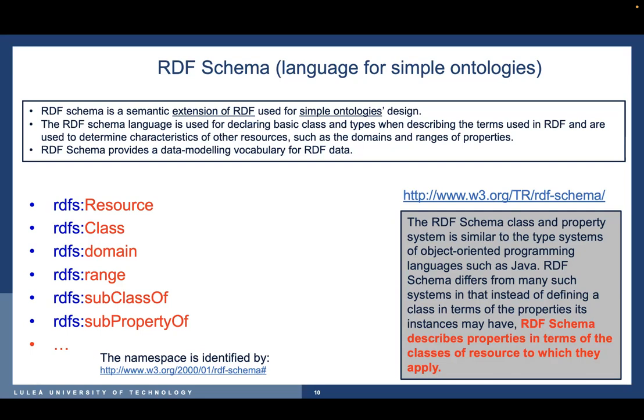So properties are classes by themselves, and they can be applicable to other classes. It's not like in object-oriented programming, where you have a class and then properties that the instances of this class might have. Properties may exist separately from classes, and then they can be applicable to other classes in different combinations.